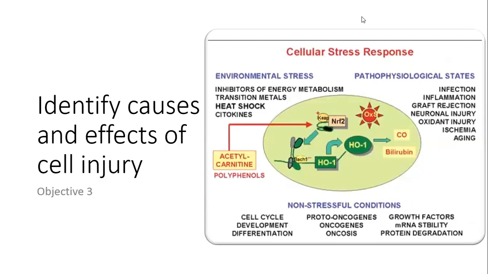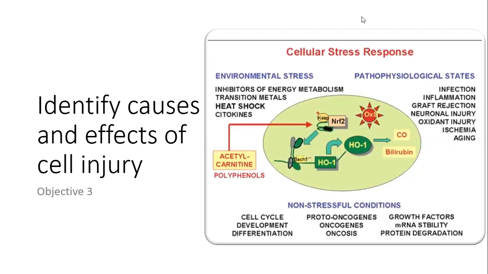So let's talk about the causes and effects of cell injury. Those were adaptive cell changes, and now we're going to look at when the stress is not relieved and the cell is actually damaged. This slide depicts some of the different causes of cell stress.